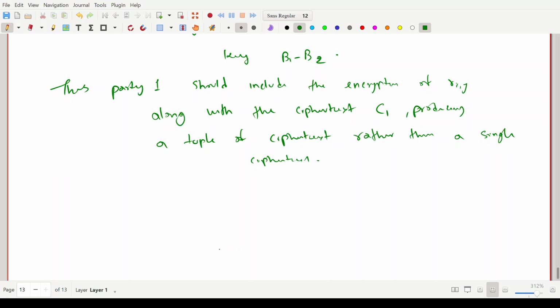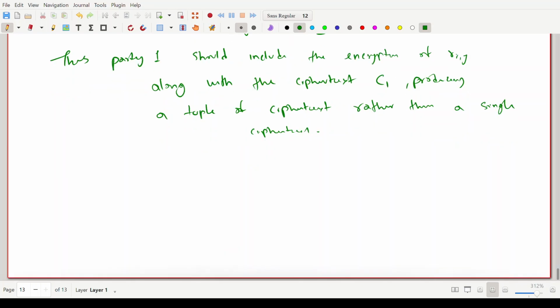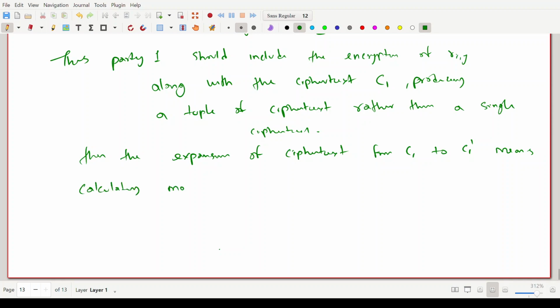Then the expansion of ciphertext from C1 to C1 dash means calculating matrices Zij dash and Uij.